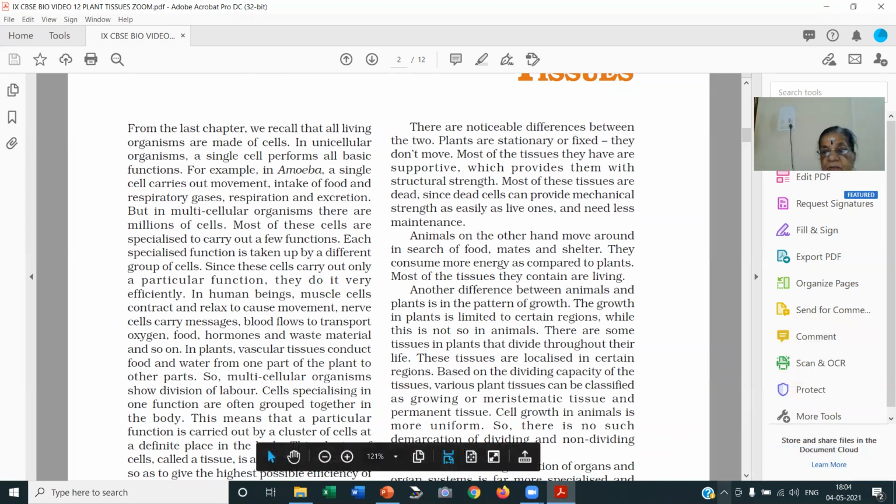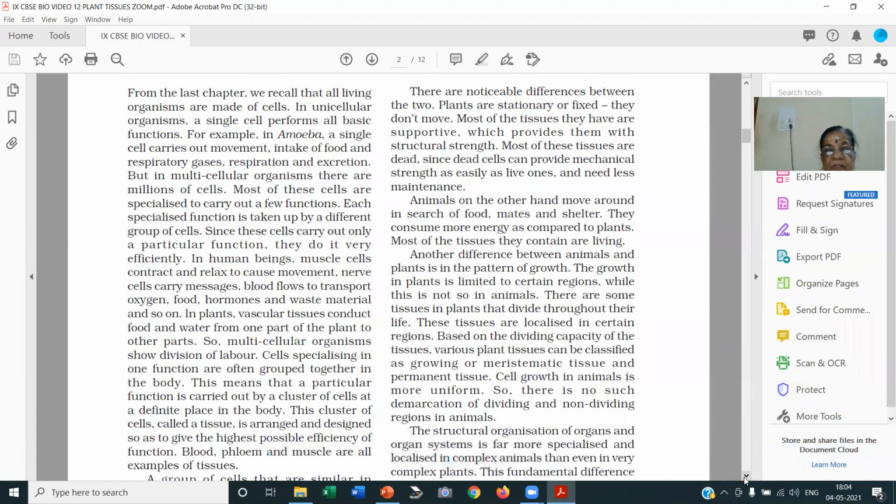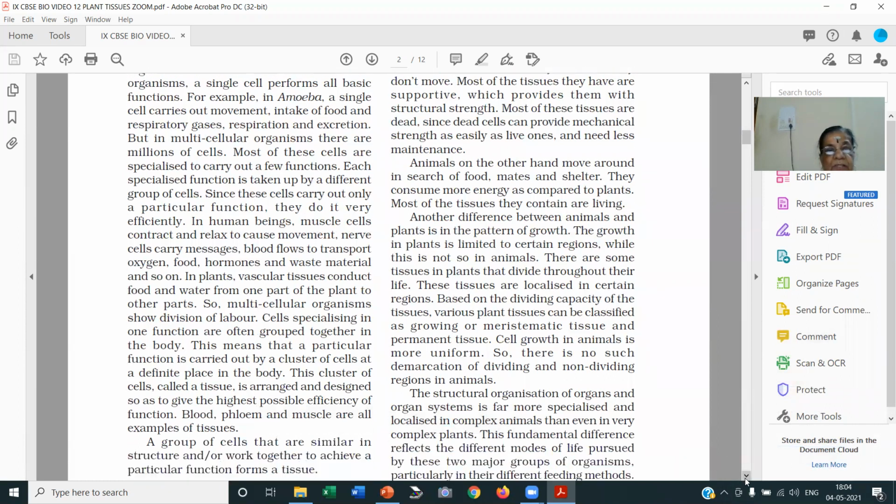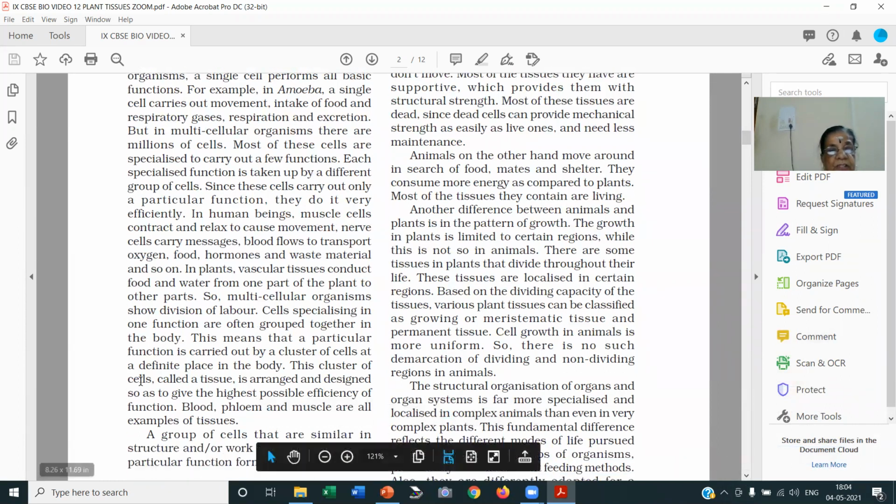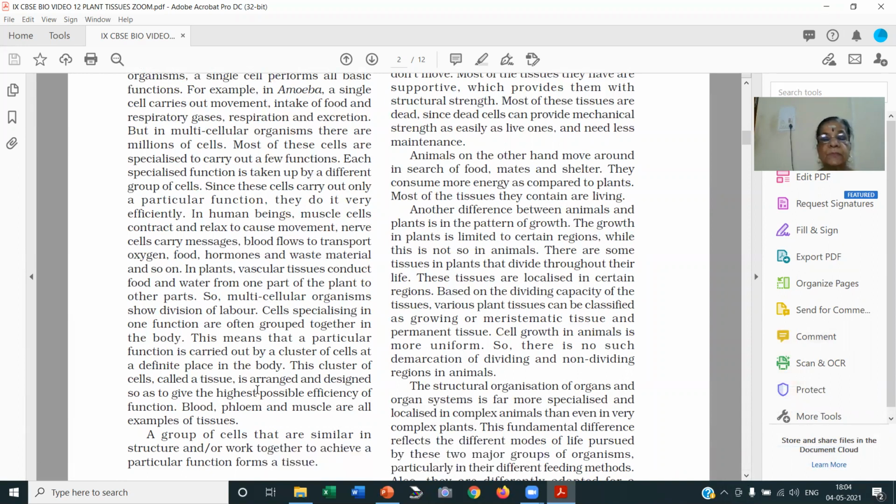This cluster of cells, at the end of the paragraph: this cluster of cells called a tissue is arranged and designed so as to give the highest possible efficiency of function.